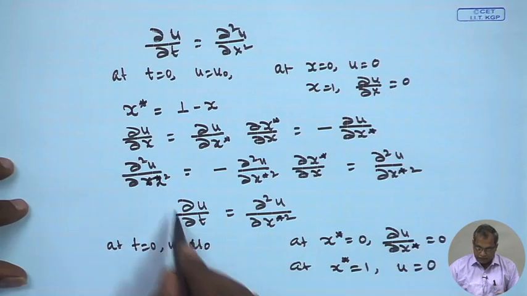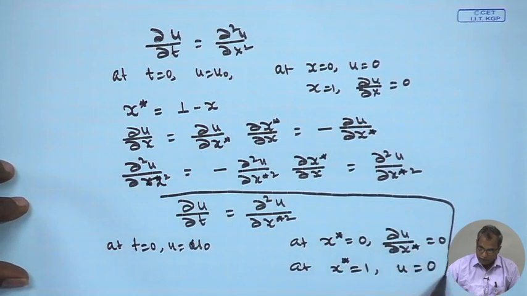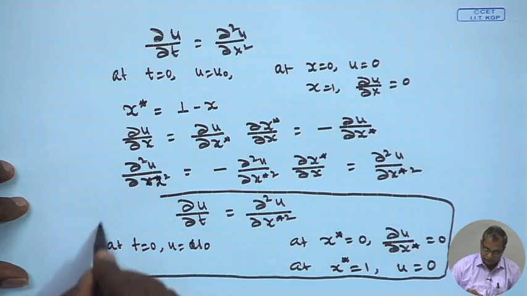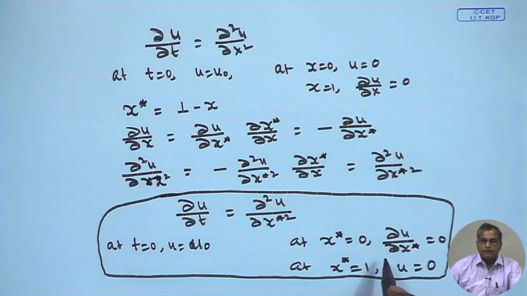Now this is a problem that we have already solved in this class. Only thing is, now the variable has been changed from x to x star, where x star is defined as 1 minus x.